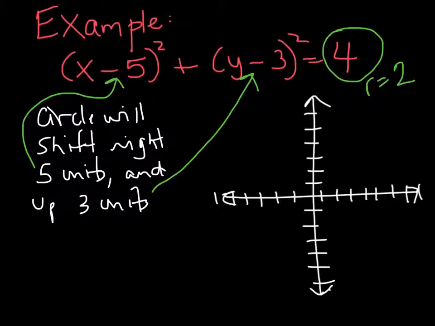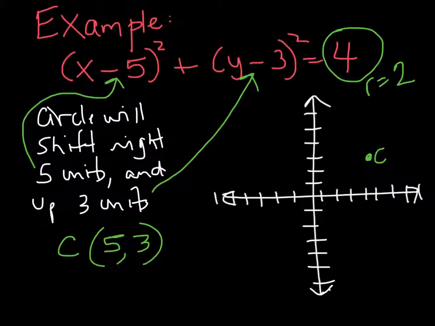So right now I know that my center went to the right 5 units, and then it went up 3. I'm going to draw my center first: 1, 2, 3, 4, 5, over to the right, up 3. There's my center. I'll mark that with a C. And then I'm going to go 2 all around. I won't do it as messy as before.